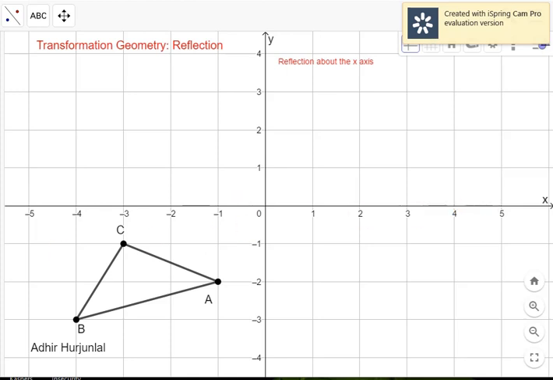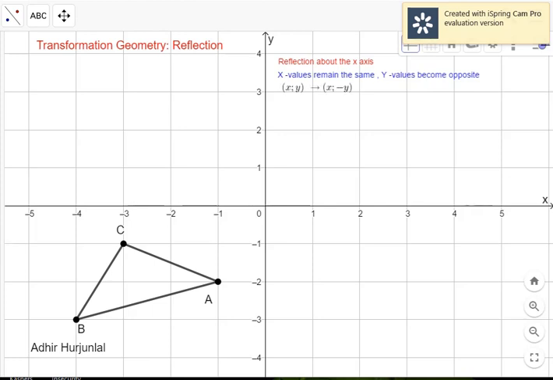The x values remain the same, the y values become opposite. Now, when I speak about opposite, it means a positive becomes a negative or a negative becomes a positive.